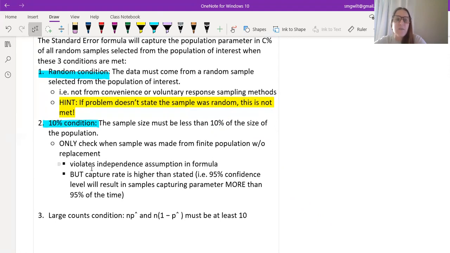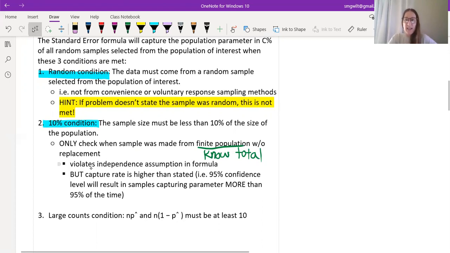Finite means that I know the total. Without replacement means that I take people out and don't return them to collect a new sample. So once I've asked somebody a question, I don't ask them again. Okay, so that's when this applies.